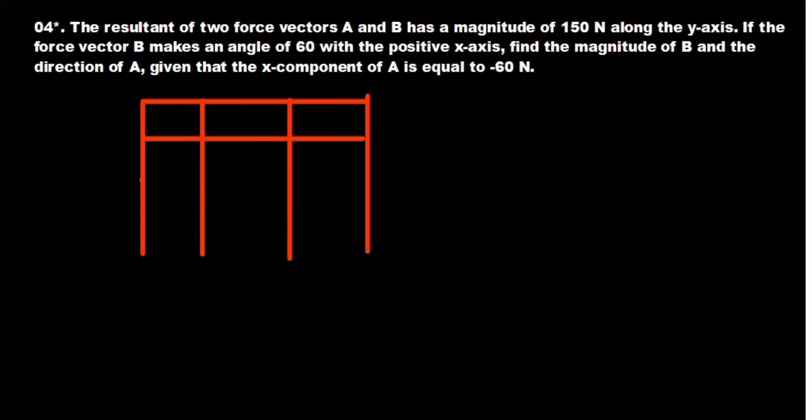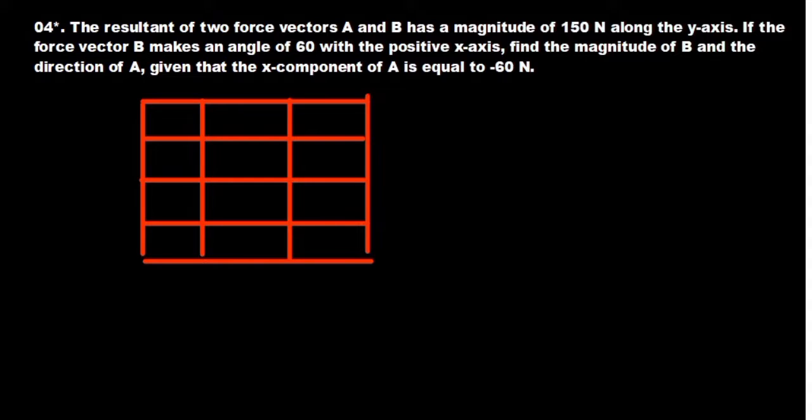Of course every vector should have the x and the y components. How many vectors do we have? We have force A and force B, then we have the resultant itself. Then we have the x and y components for each.